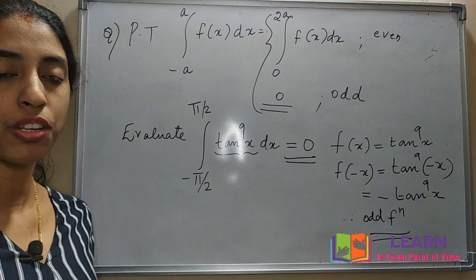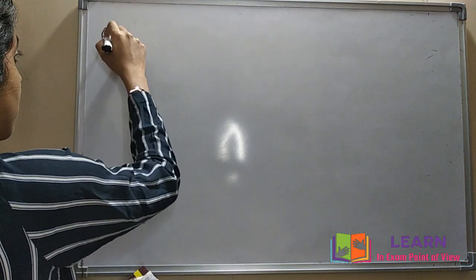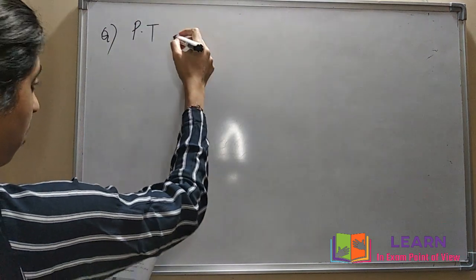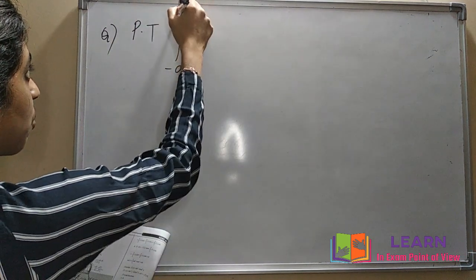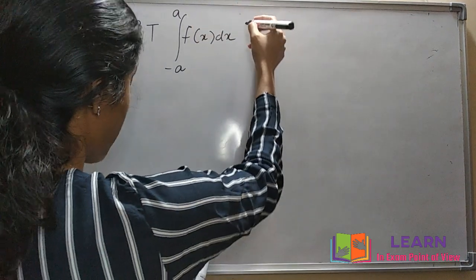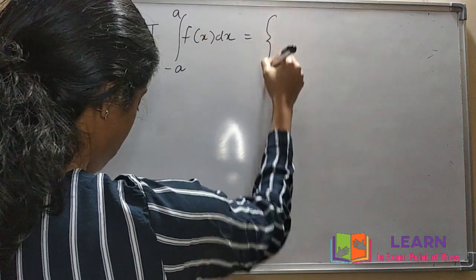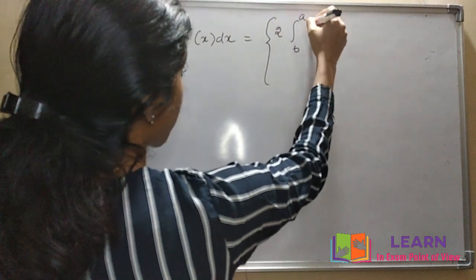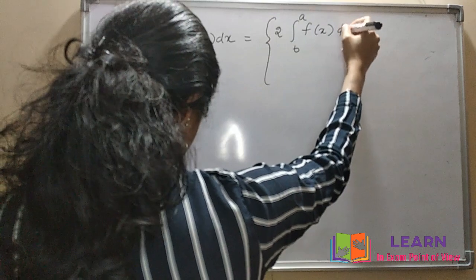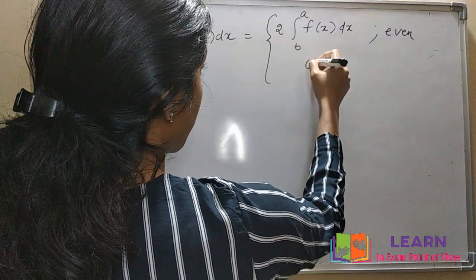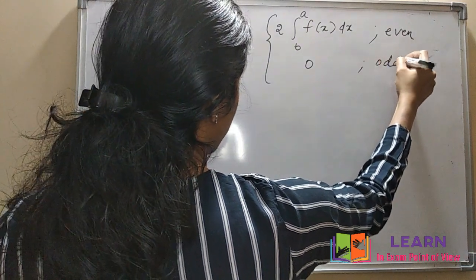Fine. Let us check a similar question. We have to prove the property: the integral from minus a to a of f of x dx is equal to twice the integral from 0 to a of f of x dx if f of x is even, and 0 if f of x is odd.